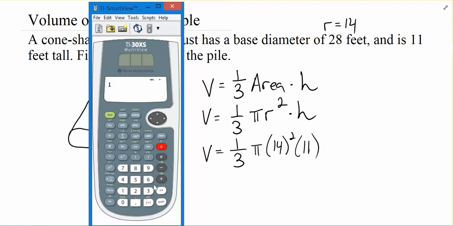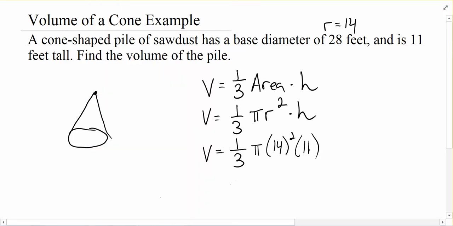We have 1/3 pi times 14 squared times 11. And we get 2257.8. This time our units were feet times feet times feet, and so we're looking at cubic feet.